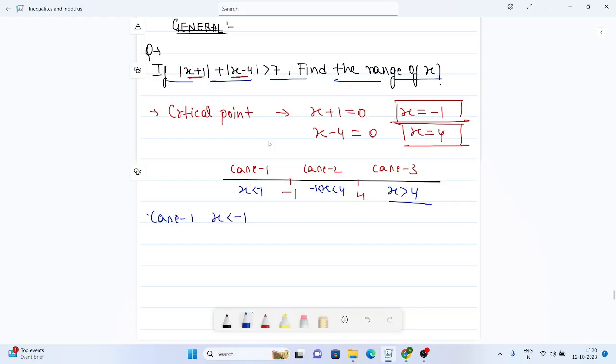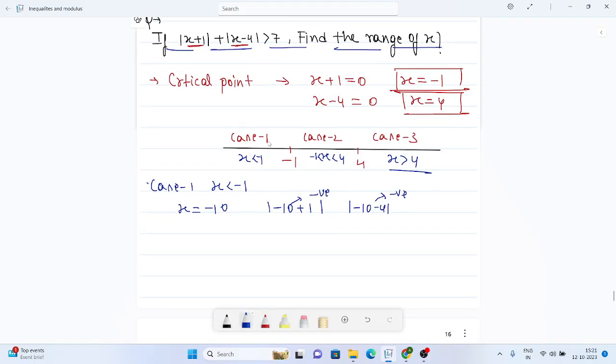X is less than minus 1. Now how do we open these modulus? You simply put any value less than minus 1. Let's say x is equal to minus 10. In the first bracket, I get a negative number, and in the second bracket, again I get a negative number. So you have to open these modulus with a negative sign.